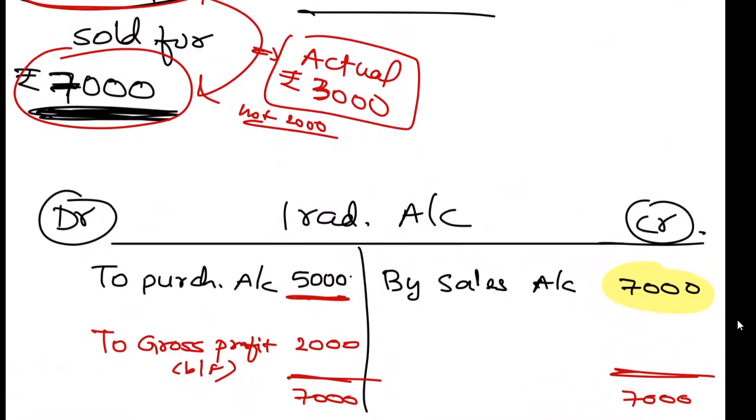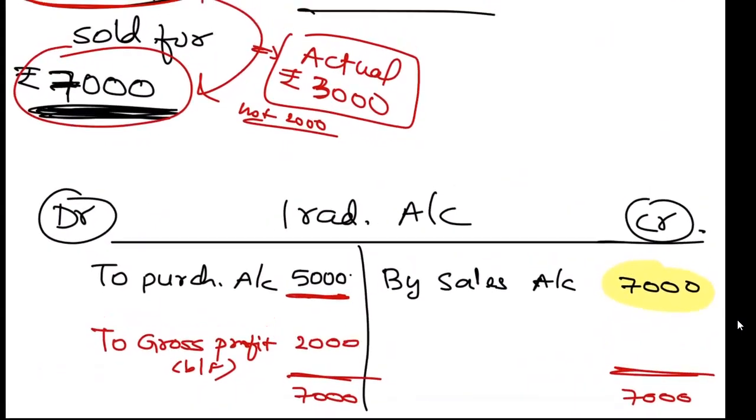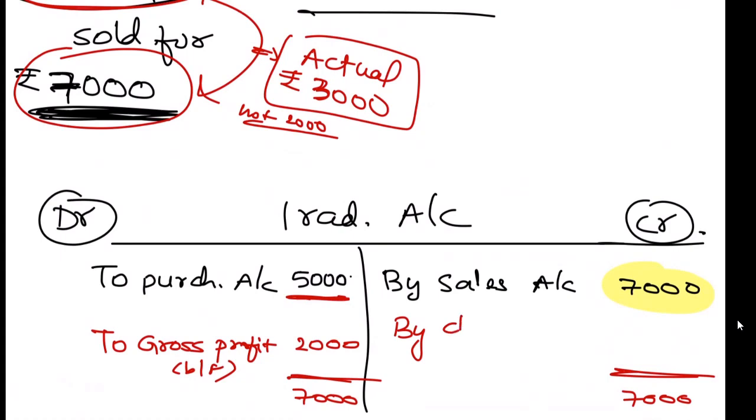So, sir, what we will do, whatever the goods are left, that is not the income for current year, but it will be the income from next year. So I will take out the closing stock from here. The closing stock will come on the credit side of your trading account.